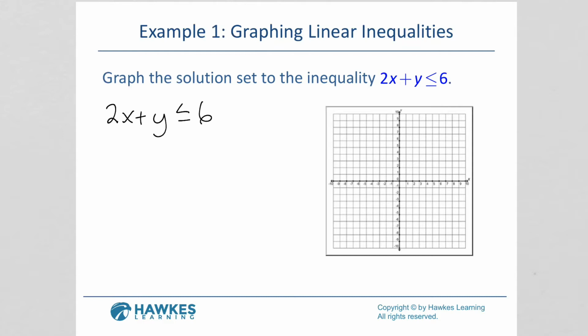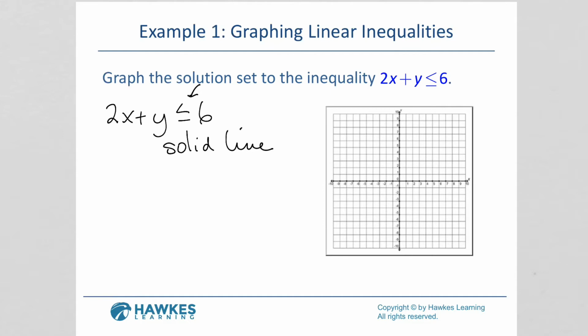So solid or dashed, since it's less than or equal to, we're going to do a solid line. And as I said, when you're in the Hawk software, that is the very first question that it's going to ask you. It's going to ask you for that solid line.